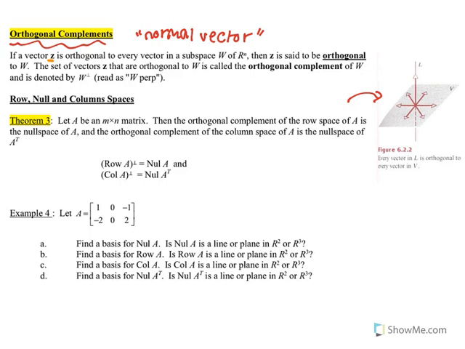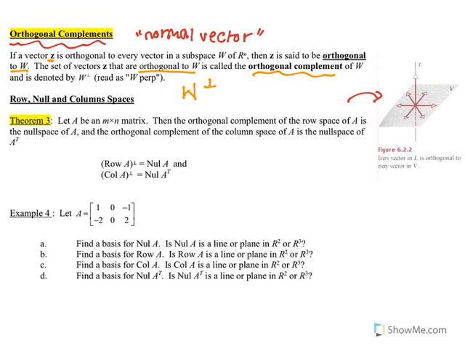If it is orthogonal, it's said to be orthogonal to the whole subspace W. The set of vectors that are orthogonal to all of W is called the orthogonal complement and is designated by what looks like an upside down T, but really that's the little orthogonal symbol. It just doesn't have a little right angle looking thing there. Okay, so this is W perp. I know, another fun word.